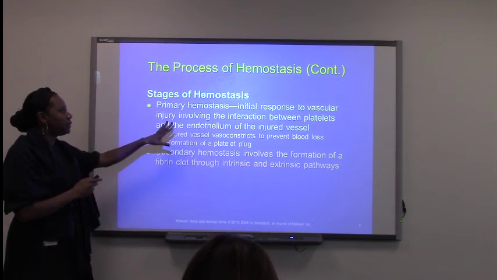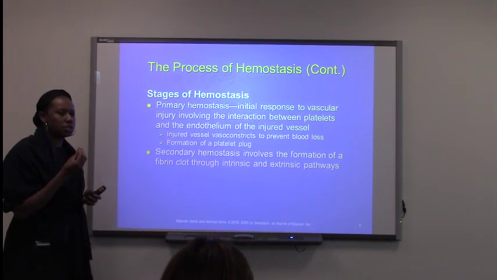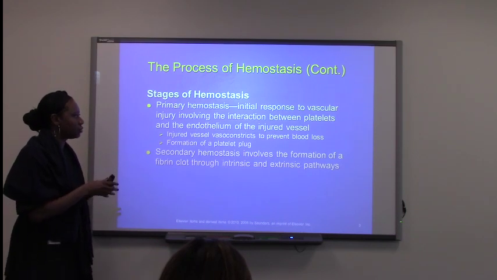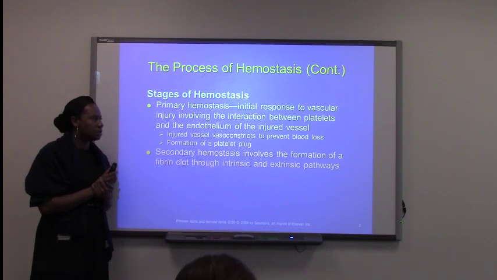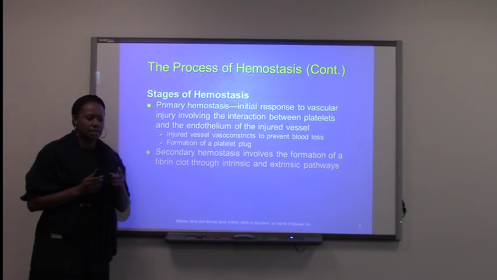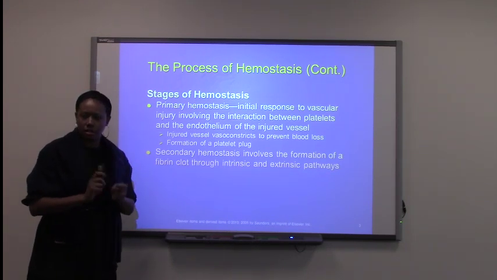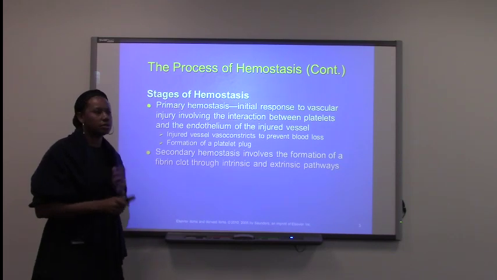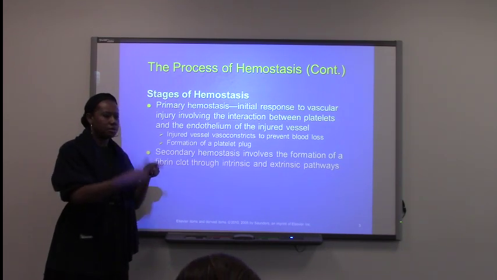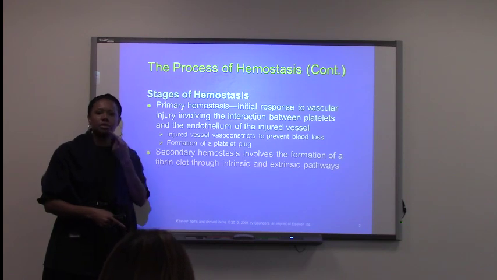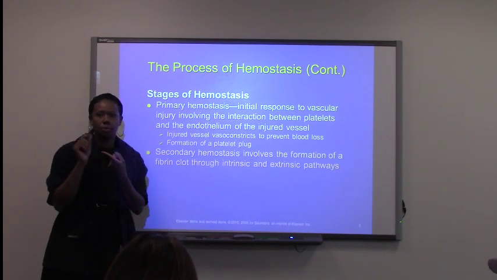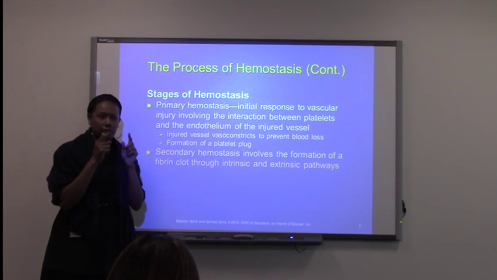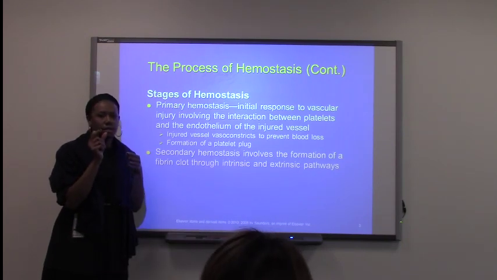Primary hemostasis is the initial response to the vascular injury between platelets and the endothelium of the injured vessel. What does this mean? Say, for example, you're in the kitchen, cutting up some onions, making your dinner, and you slice your finger. When you slice your finger, you break the epithelium, but you also break the endothelium of the vessel.